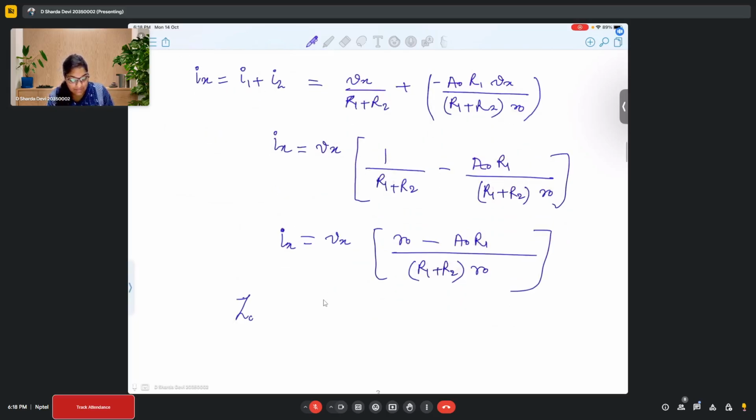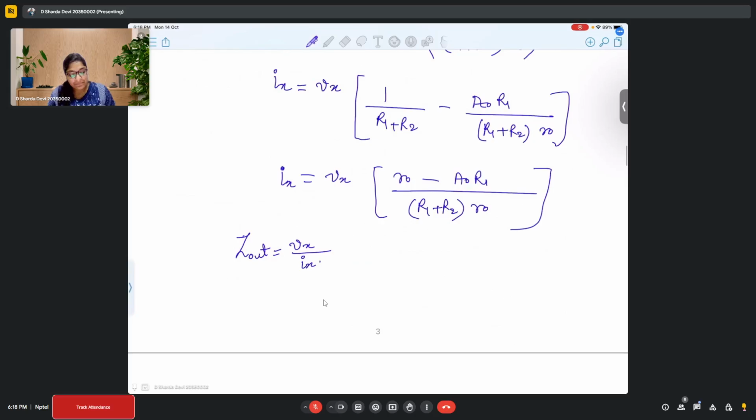Now we know Z out would be Vx upon Ix. So from here, Vx upon Ix, that is Z out, would be R1 plus R2 into R naught upon R naught minus A naught R1.